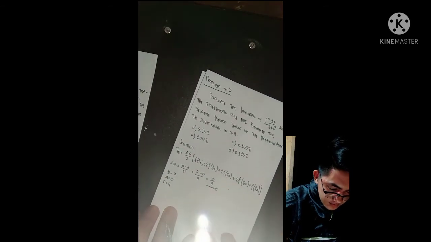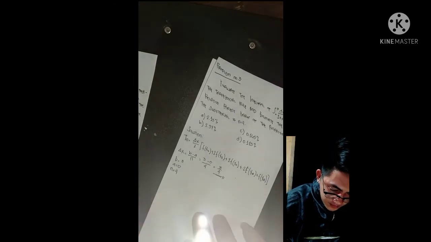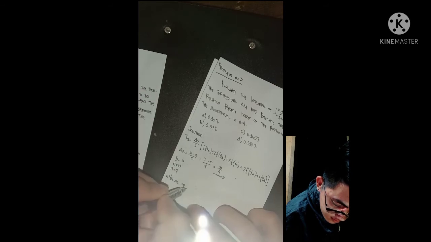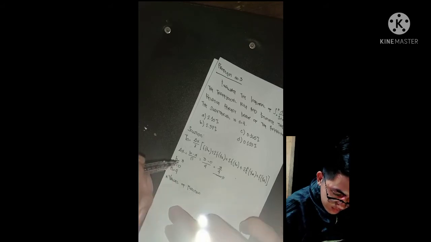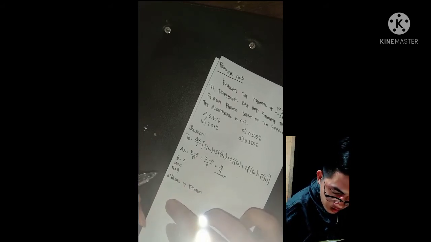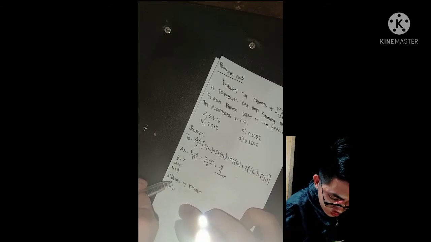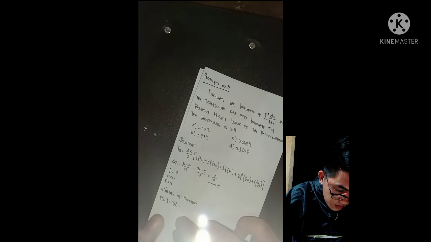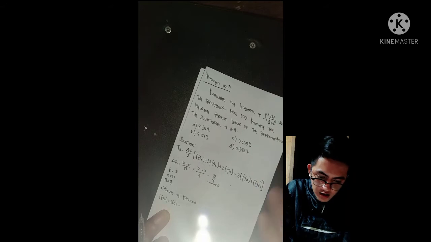So next are the values of function. For our function of x sub 0, which is equal to 0, our equation is dx all over 1 plus x squared.